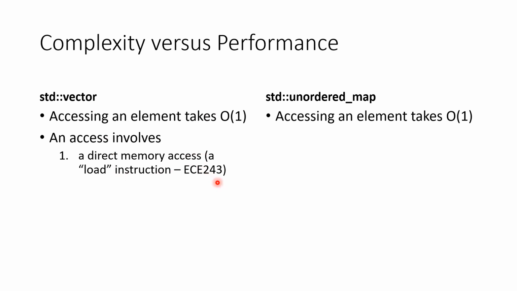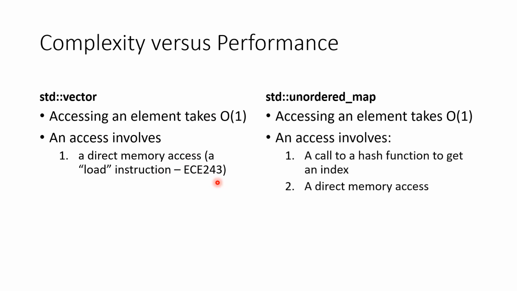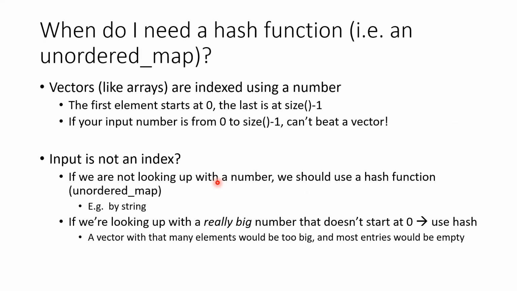But for unordered map, because it's a hash table, you'll need to first call a hash function to get the actual index and then do the direct memory access, which is slightly slower than vectors because the hash function also takes time. In this case, we will then choose vectors because your input will be a number from 0 to size minus 1. And nothing can beat a vector in that case.